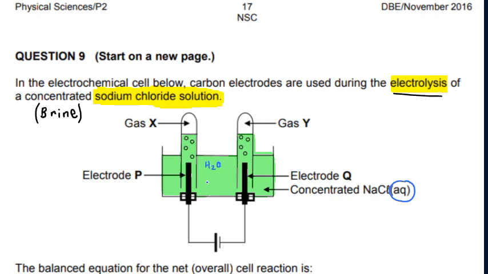And then we've got some Na plus and Cl minus ions in the solution. This is table salt basically.